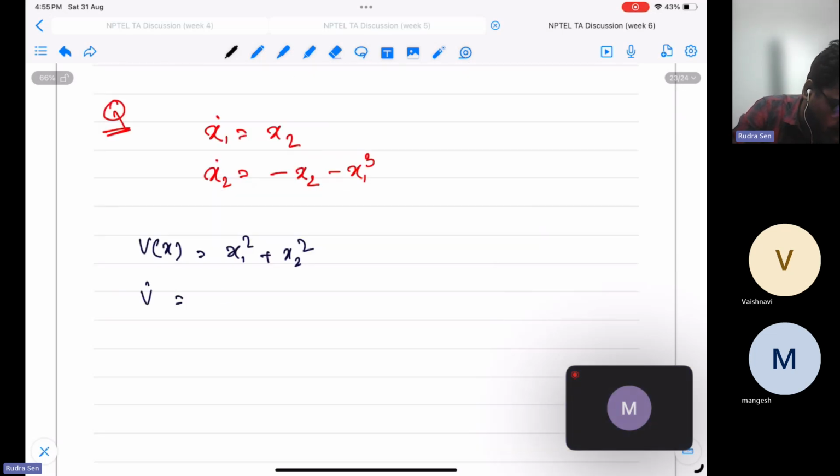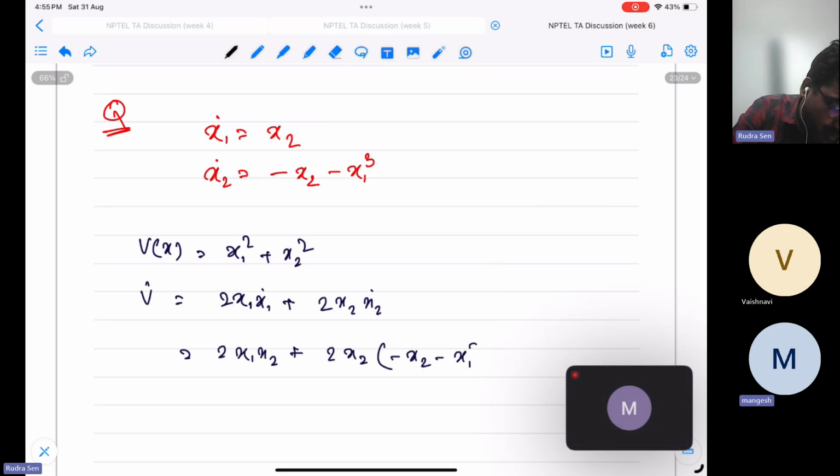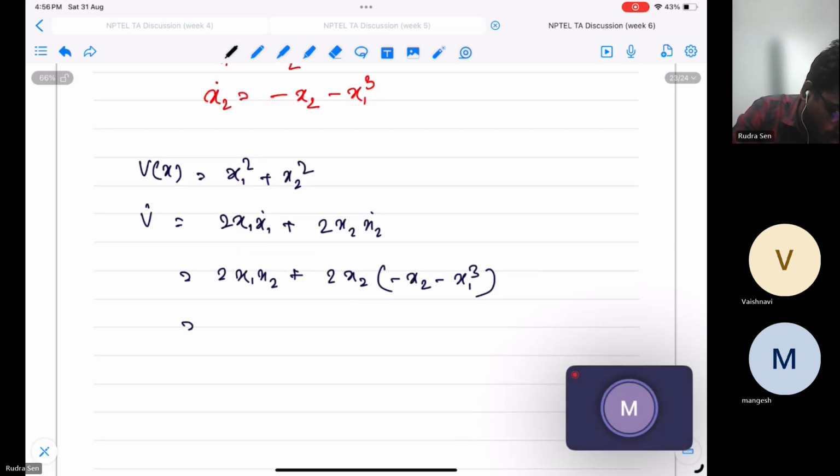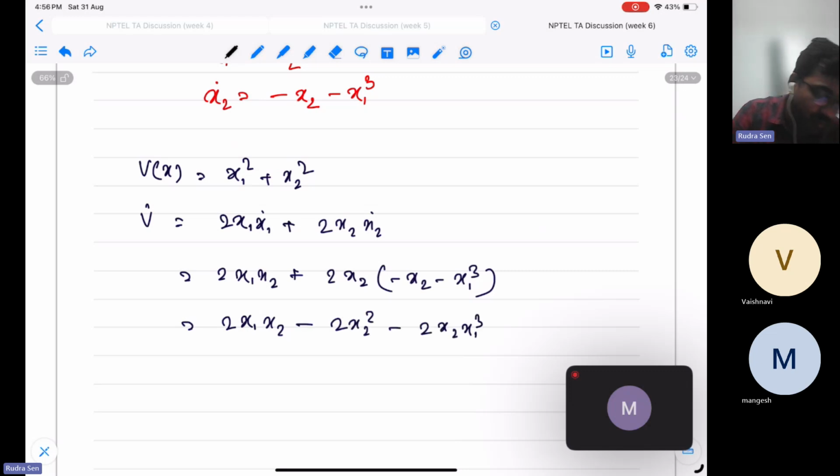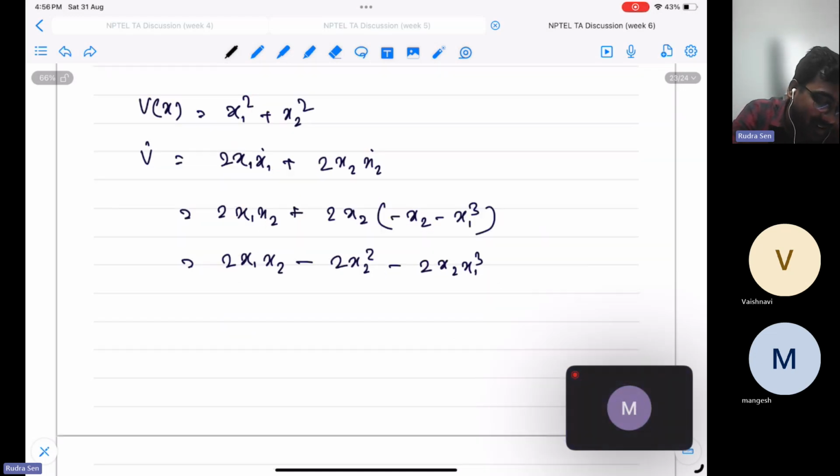What V dot will you get? 2x1 x1 dot plus 2x2 x2 dot. So 2x1 x2 plus 2x2 into the bracket minus x2 minus x1 cube. So 2x1 x2 minus 2x2 square minus 2x2 x1 cube. So this is the result. How can you say that this is unstable?